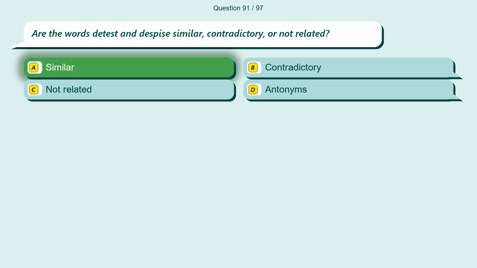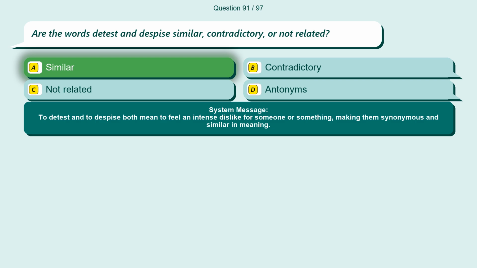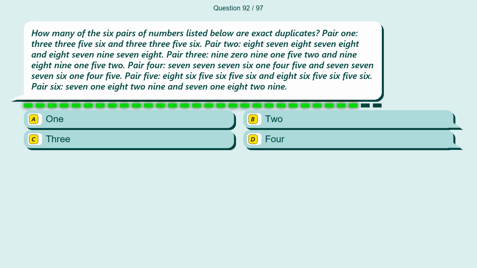The correct answer is option A, similar. To detest and to despise both mean to feel an intense dislike for someone or something, making them synonymous and similar in meaning. Question 92. How many of the 6 pairs of numbers listed below are exact duplicates? Pair 1, 3356 and 3356. Pair 2, 87878 and 87978.